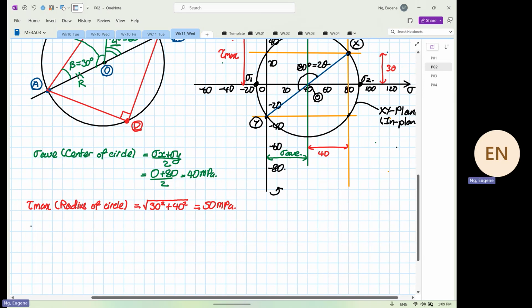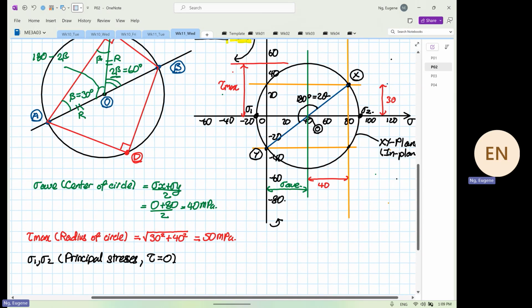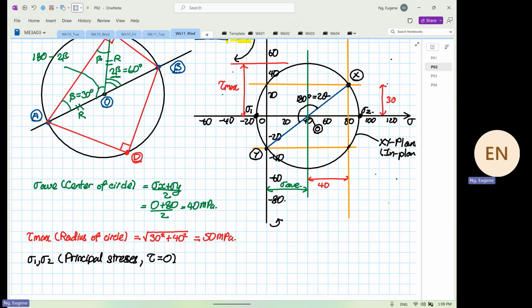So now we are going to determine stress 1 and stress 2. They are known as principal stresses. Principal stresses state that the shear stress is equal to 0. The shear stress at stress 1 and stress 2 is equal to 0.